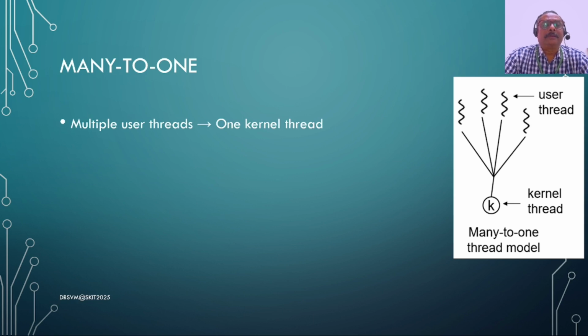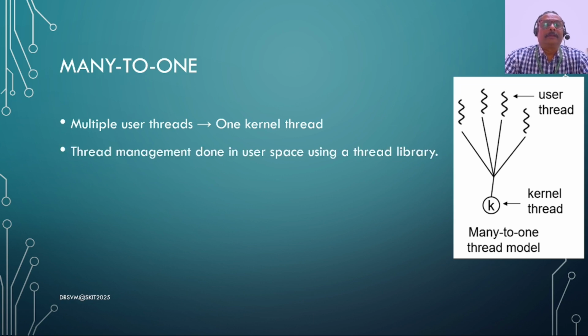Here there are multiple user threads and they are mapped to one kernel thread, and this one kernel thread is allocated one core of the CPU, and the thread management is done in the user space using a thread library, because these multiple threads are there at the user level.